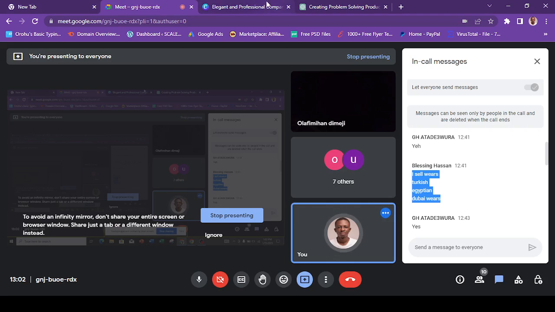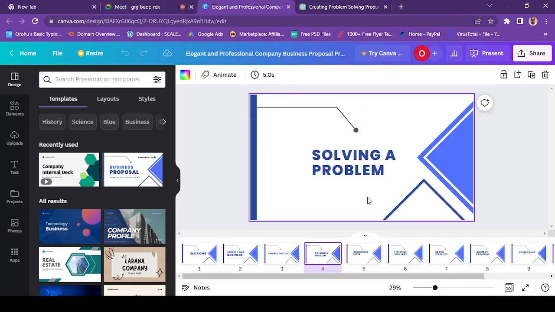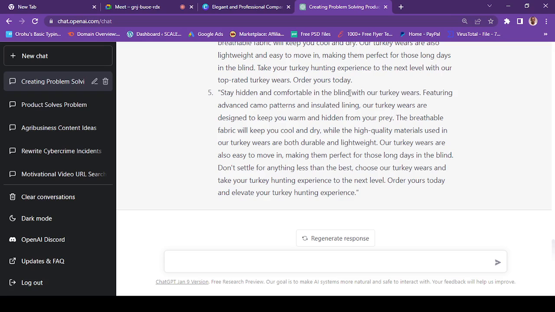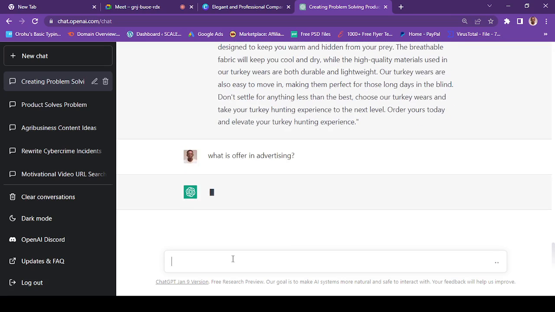Then the next thing, after having a winning product, is creating an irresistible offer. When we say offer, what is an offer? Let's use our AI and hear from our AI again: what is an offer in marketing or in advertising?